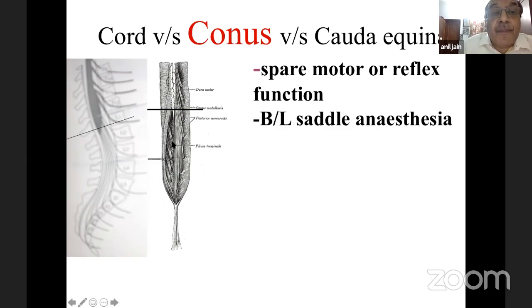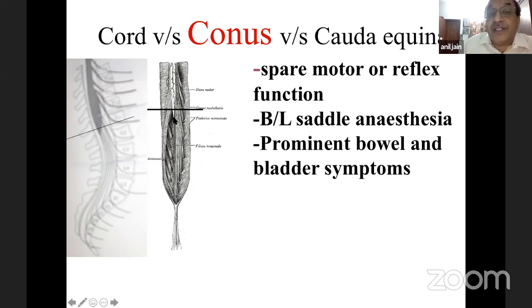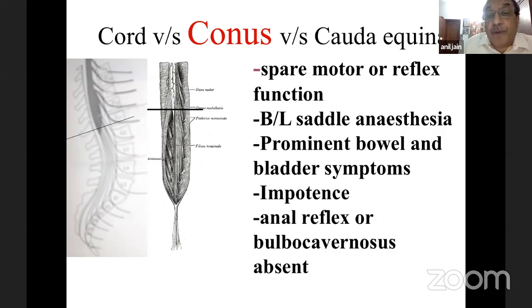Since the inner part is affected, and here S2, S3, 4 come out, one gets a bilateral saddle anesthesia. There is prominent bladder and bowel involvement, because bladder and bowel are supplied by S2, 3, 4, this part. And there will be impotence.